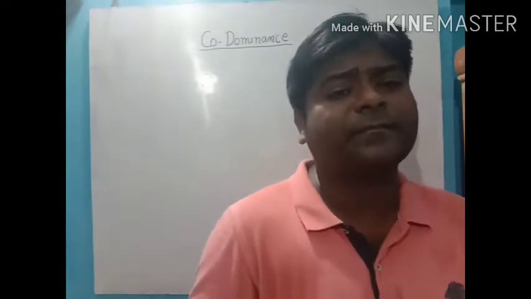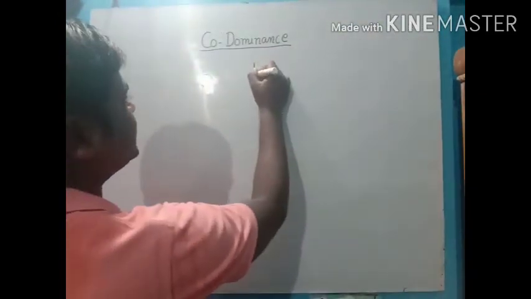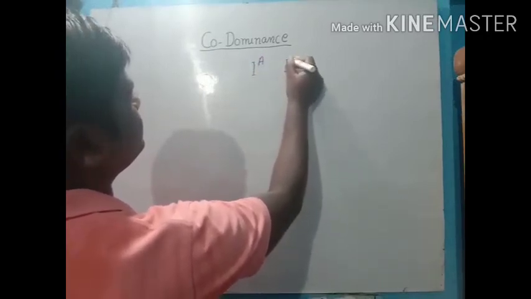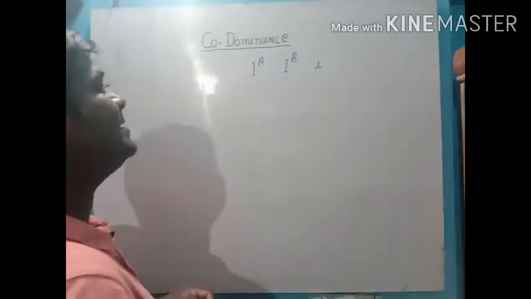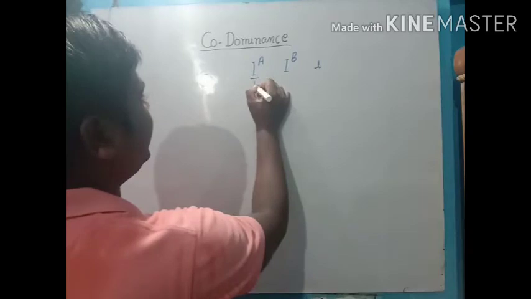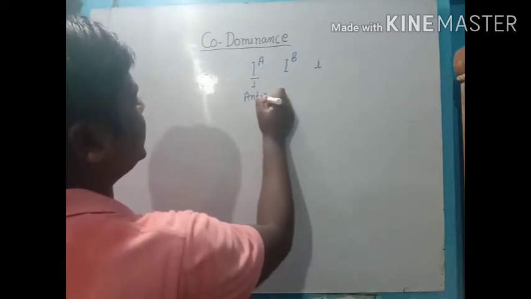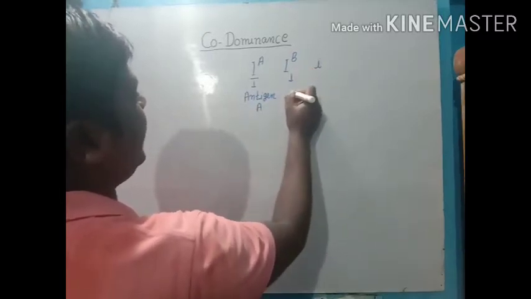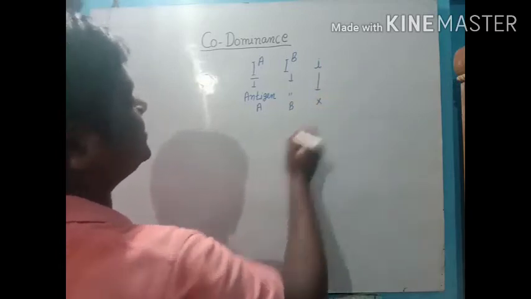When we observe human beings, there are three kinds of alleles. One produces antigen A, one produces antigen B, and one is not producing any antigen.